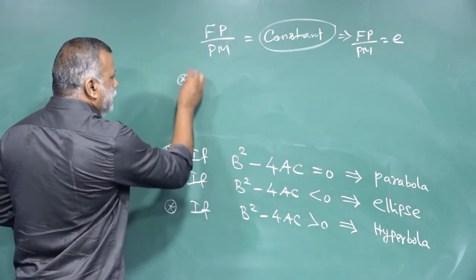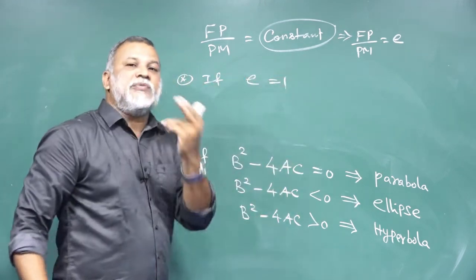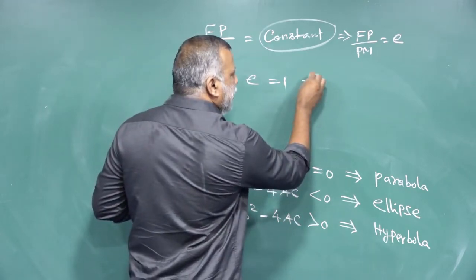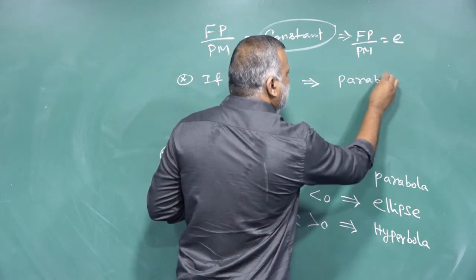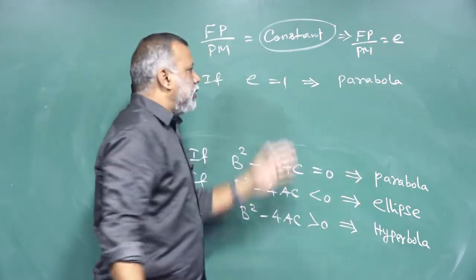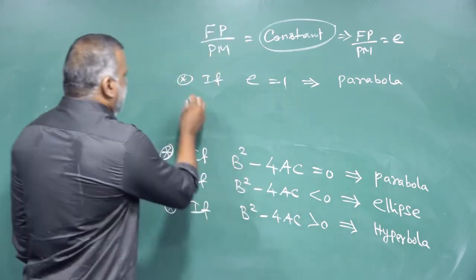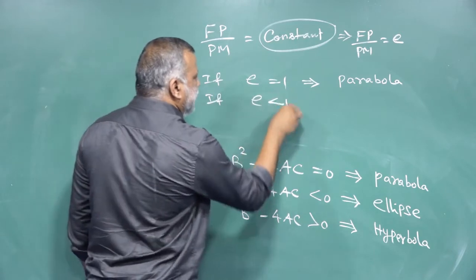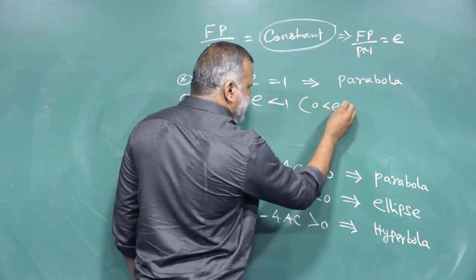Number one, if e equal to 1 in terms of eccentricity, then the conic denotes a parabola. Now the second concept is if e less than 1. So here less than 1 means it must be greater than 0, less than 1.